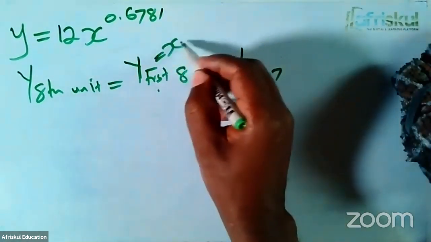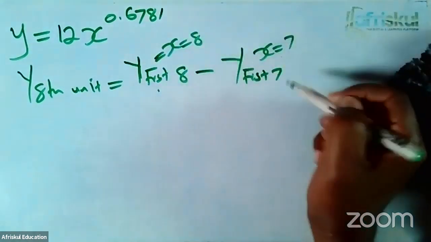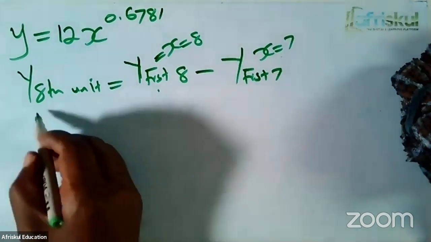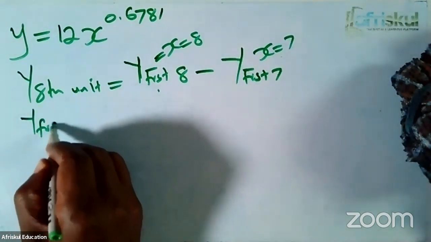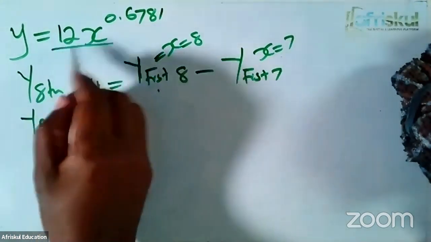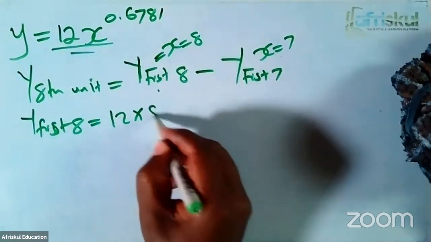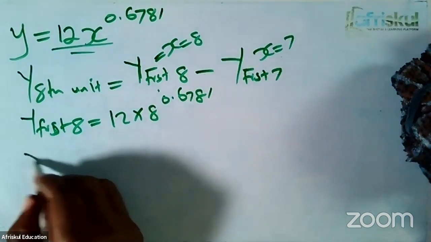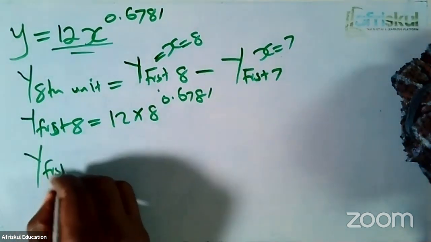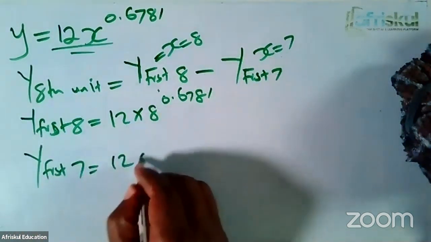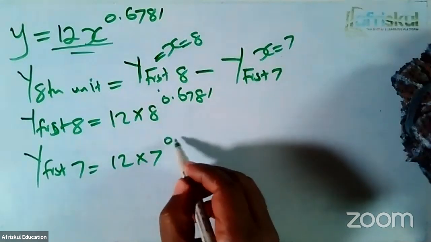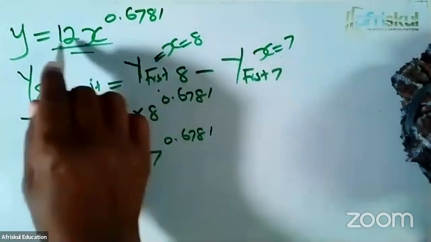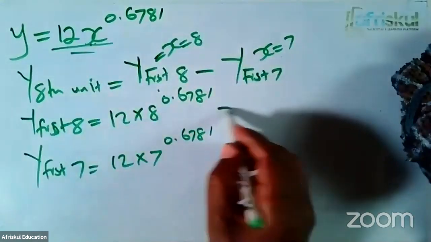So here our x will be 8. Here our x will be 7. So give us time for the first 8. From this formula, this will be 12 times 8 raised to 0.6781. And then we have time for the first 7. This will be 12 times 7 raised to 0.6781, just plugging in the quantity there.